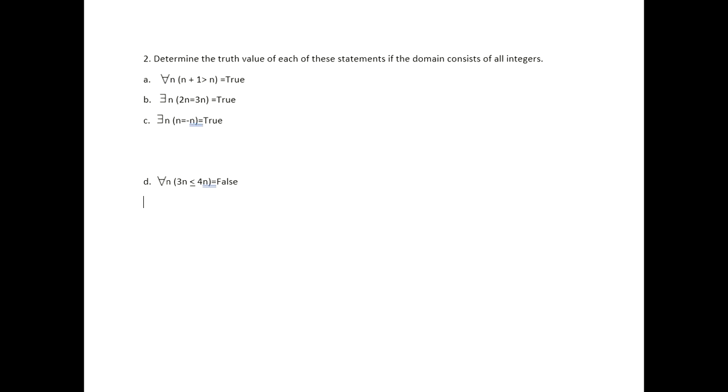So, if we substitute a value for n, let's use a positive integer, let's say 3.